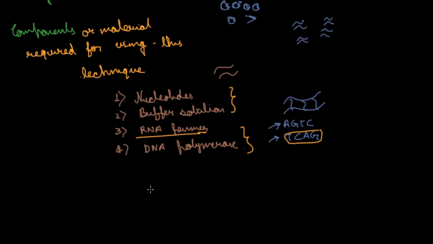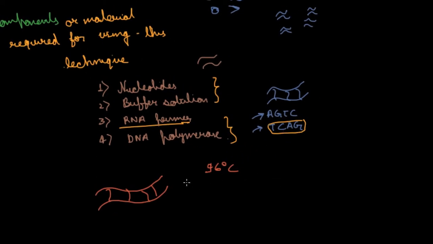Let's get an insight into how this technique works. We have this DNA, and the first step for using this technique is raising the temperature of this DNA solution to 96 degrees Celsius, approximately. Why are we raising the temperature to 96 degrees Celsius?